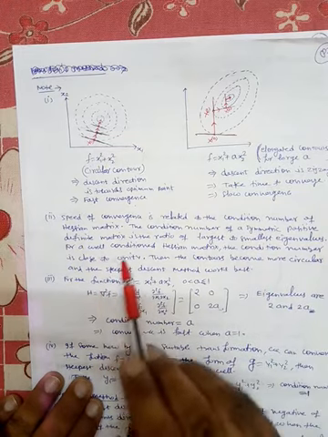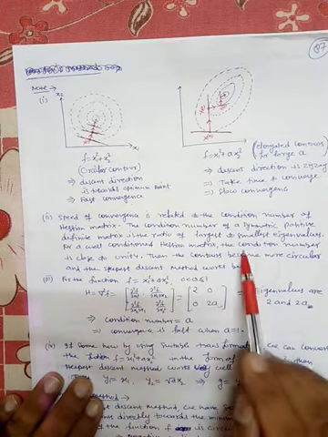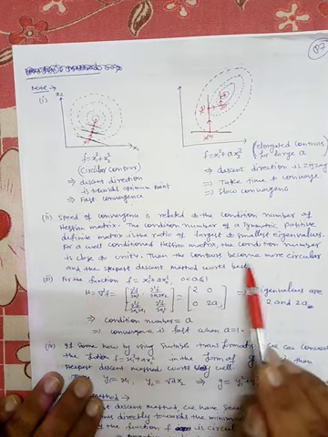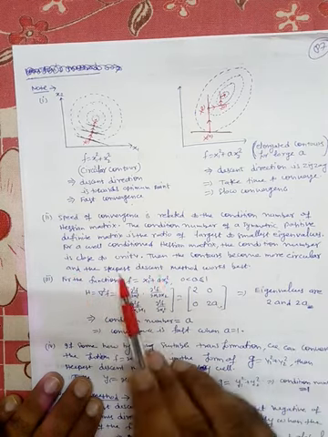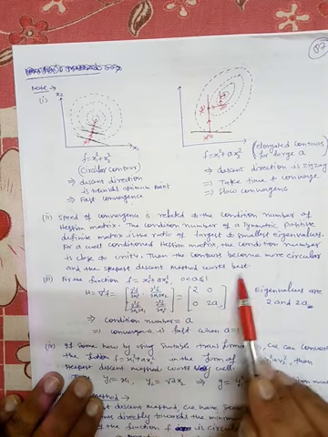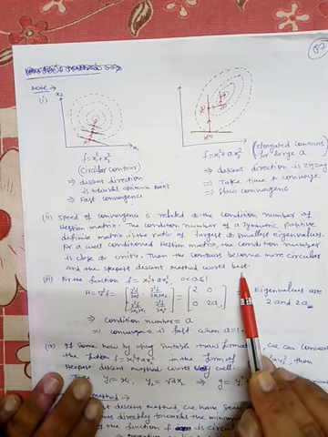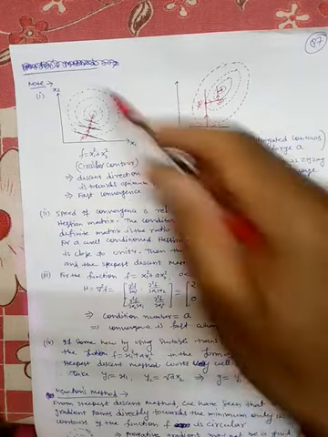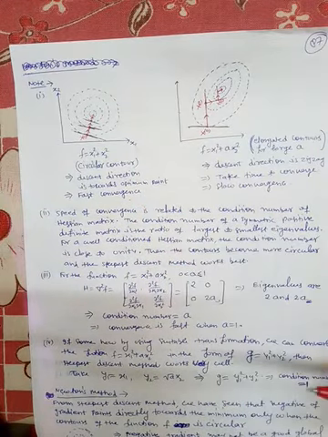For a well conditioned Hessian matrix, the condition number is close to unity. Then the contours become more circular and the steepest descent method works best. So if your contour is circular, you will get fast convergence.